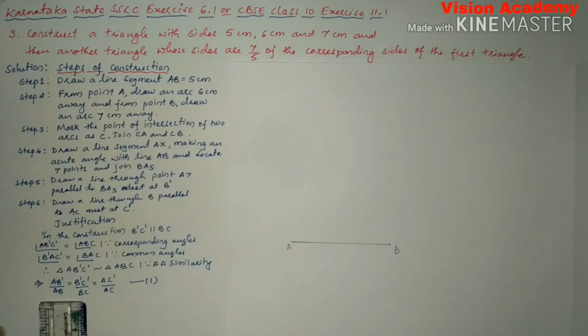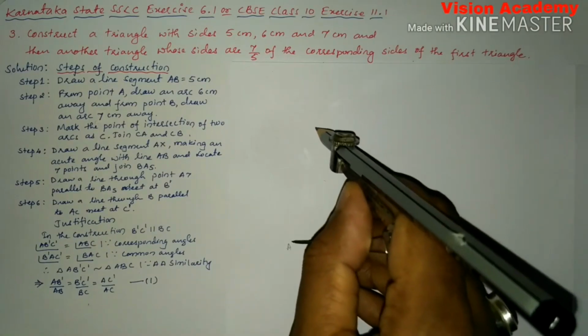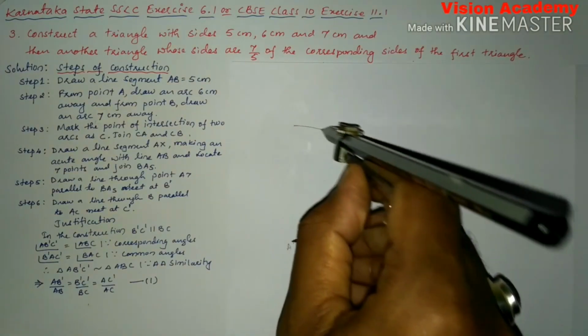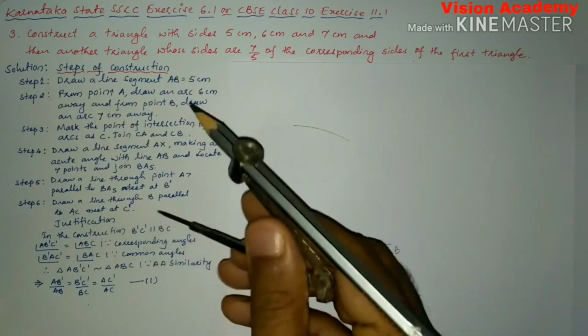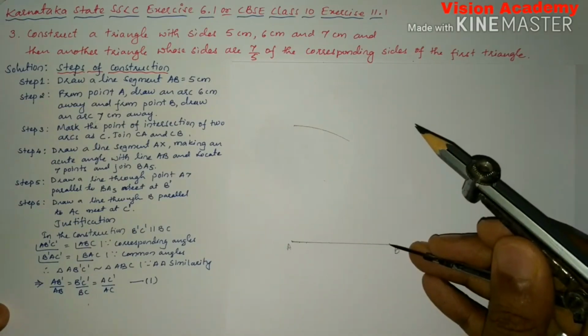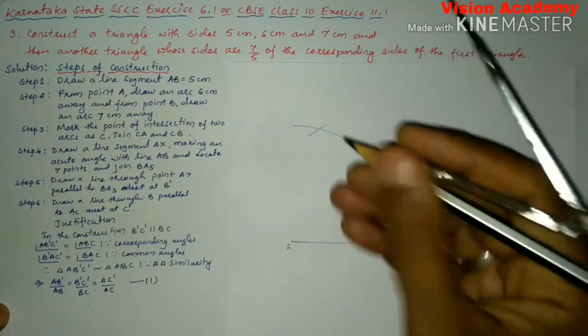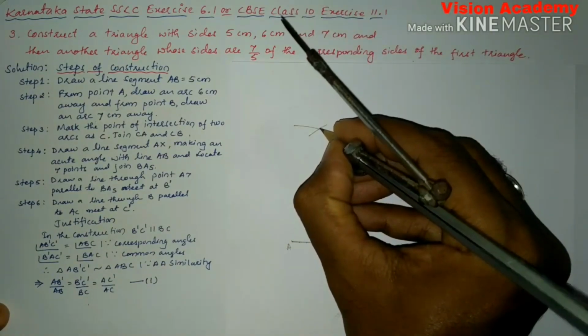Let us draw an arc of 6 centimeter from point A. Now let us draw 7 centimeter arc from point B, which intersect at this particular point.